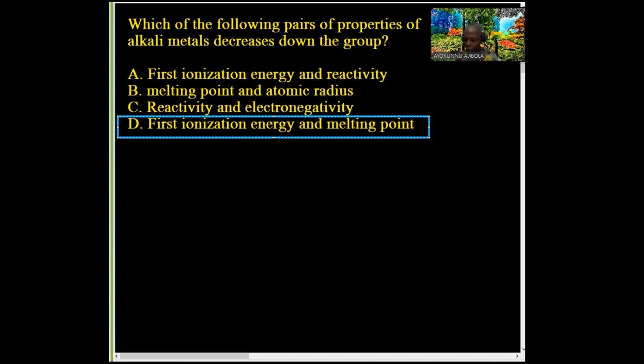So if sodium has a certain first ionization energy, what do we say of any element that will be under sodium down the group? For example, under sodium we have potassium, right? So potassium also has one electron in the outermost shell. What is different between potassium and sodium will be the number of shells.